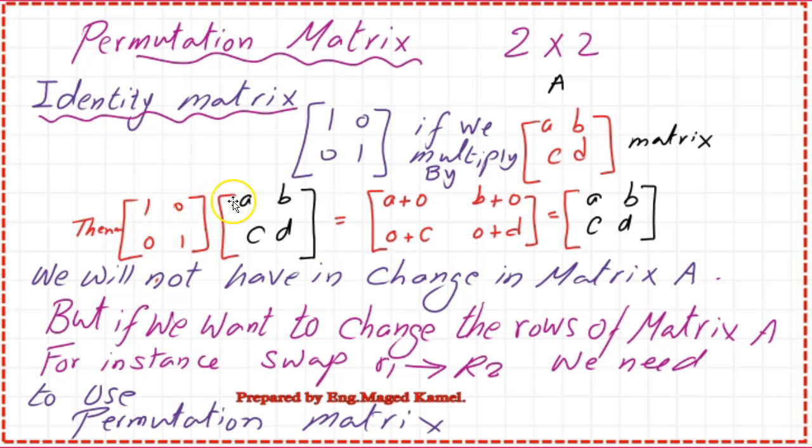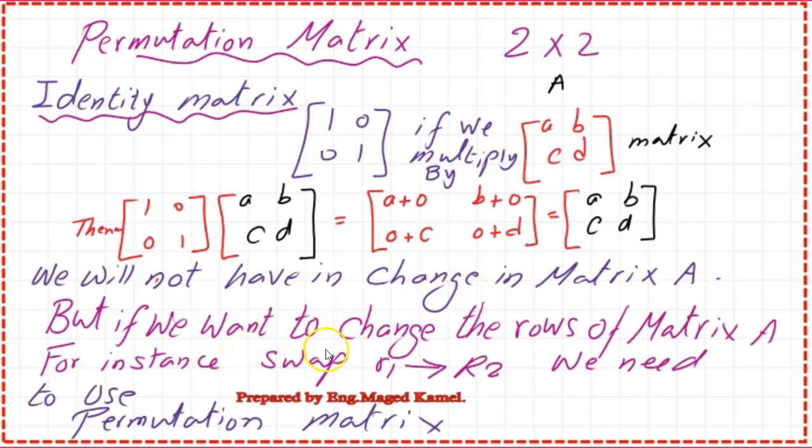We multiply 1 by A is A, and 0 by C is 0. And the second row will create C in the second row first column, and D in the second row second column. In that case, when we multiply I by A, we will not have any change in matrix A.